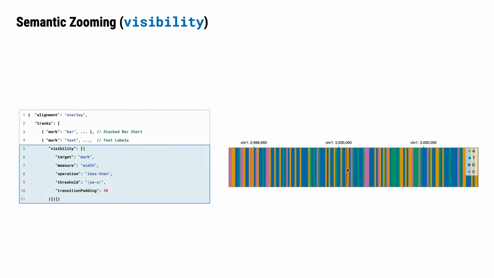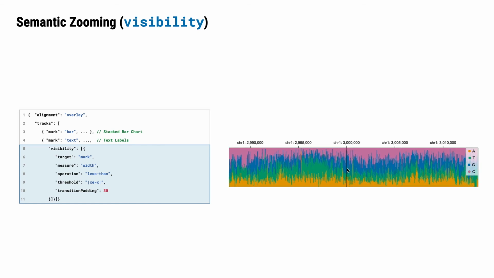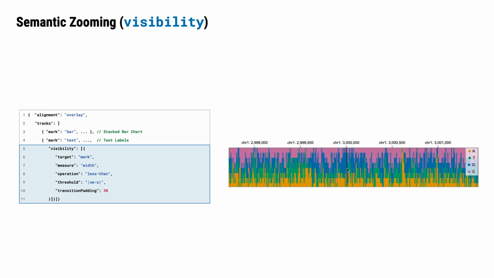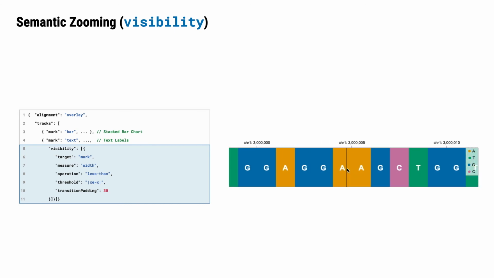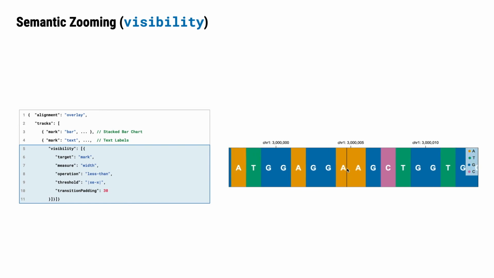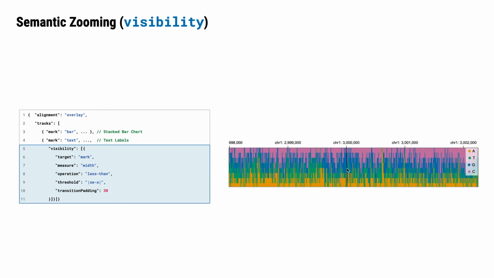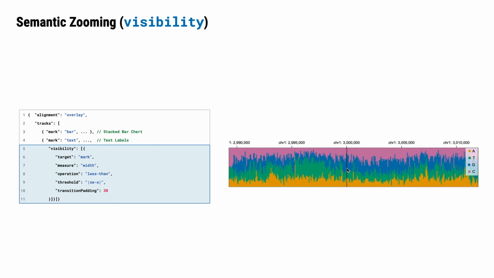This can be done by specifying multiple tracks overlaid on top of each other and defining visibility options. Here, users specify two tracks, one for a stacked bar chart that shows the distribution and the other for text labels, and define a visibility of text so that it can disappear when there is not enough space.